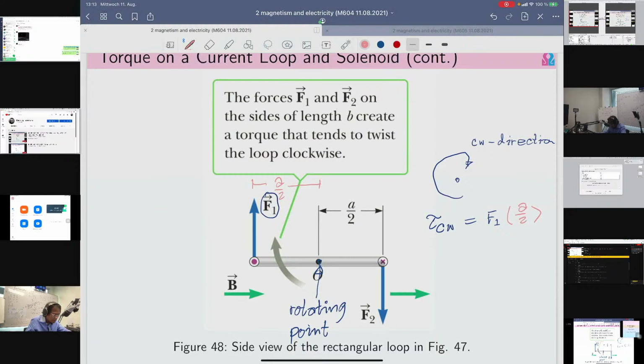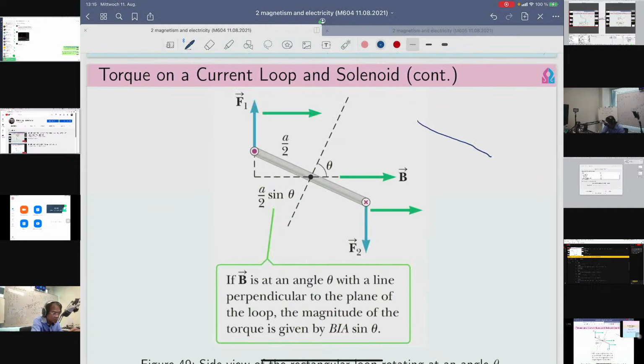Any position means at any angle. And what is the angle? The angle that we will talk about in this topic is the angle involving the plane, right? The plane of the circular conductor or the rectangle loop of the conductor, right?